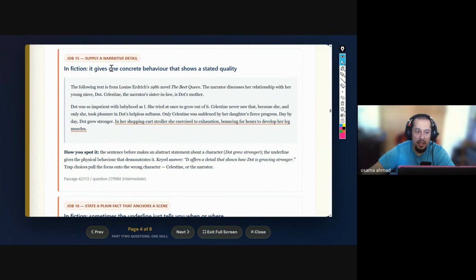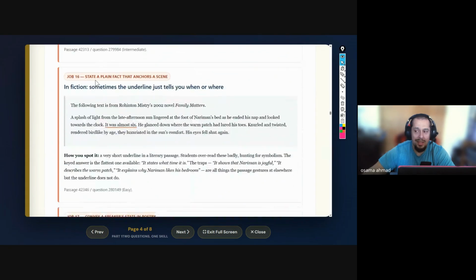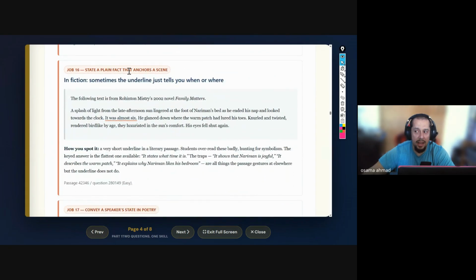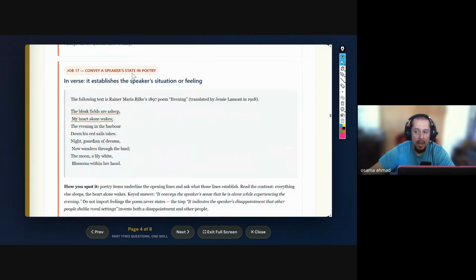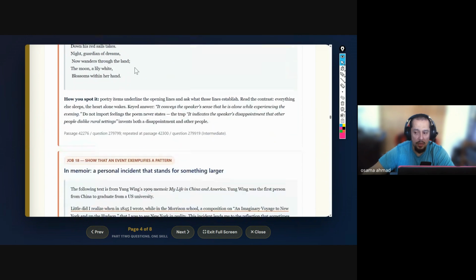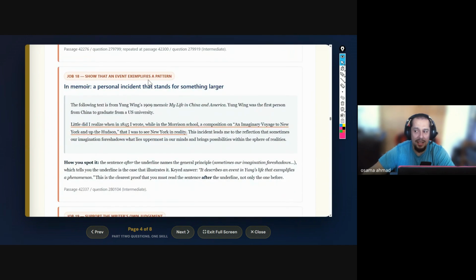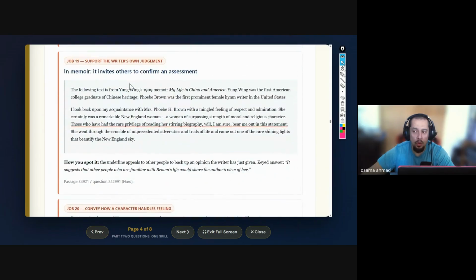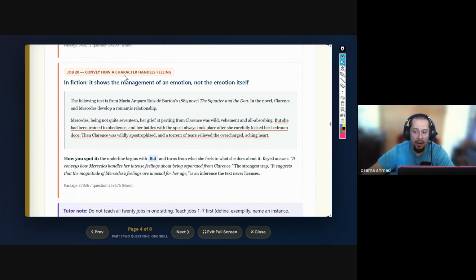Supply a narrative detail. State a plain fact that anchors a scene. Convey a speaker's state in poetry, how a speaker feels. Show that an event exemplifies a pattern. Exemplifies يعني the example. Support the writer's judgment. Convey how a character handles feelings. These are 20 jobs or functions.